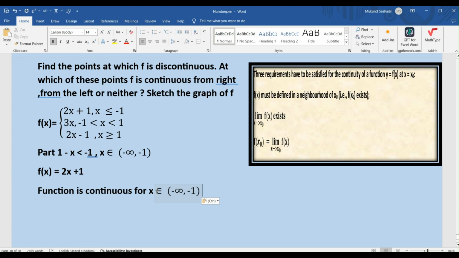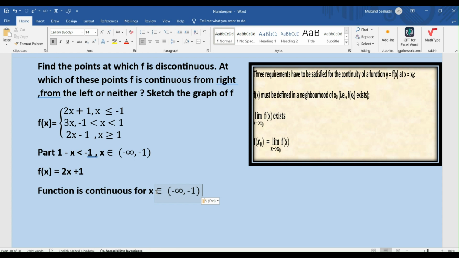So this is part 1, and before we go to part 2, let's examine where this function is likely to undergo a transformation. We see that as x moves through minus 1, the function undergoes a transformation from 2x plus 1 to 3x. Because we have x less than or equal to minus 1, the function takes a value 2x plus 1, and it takes a value 3x for x greater than minus 1.